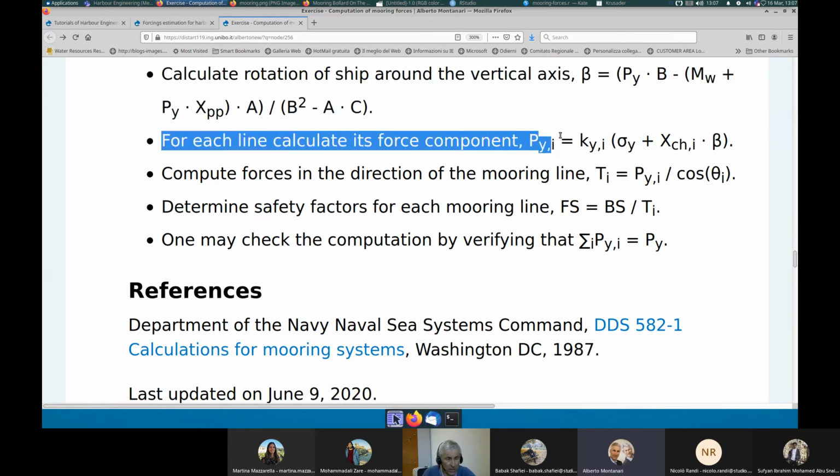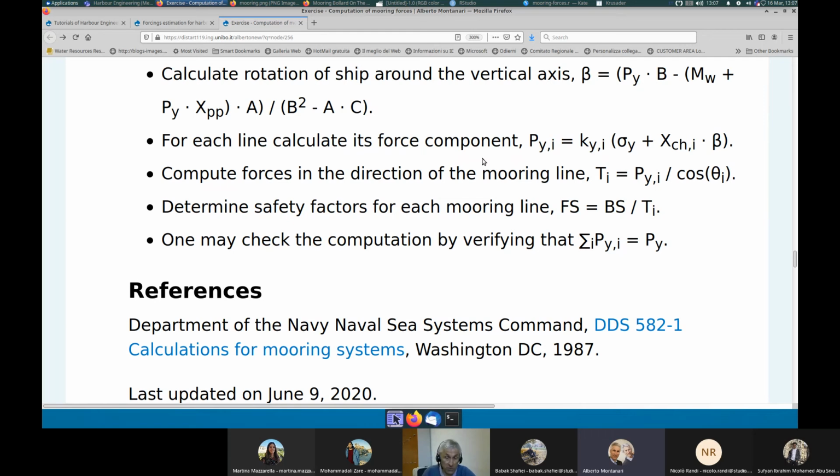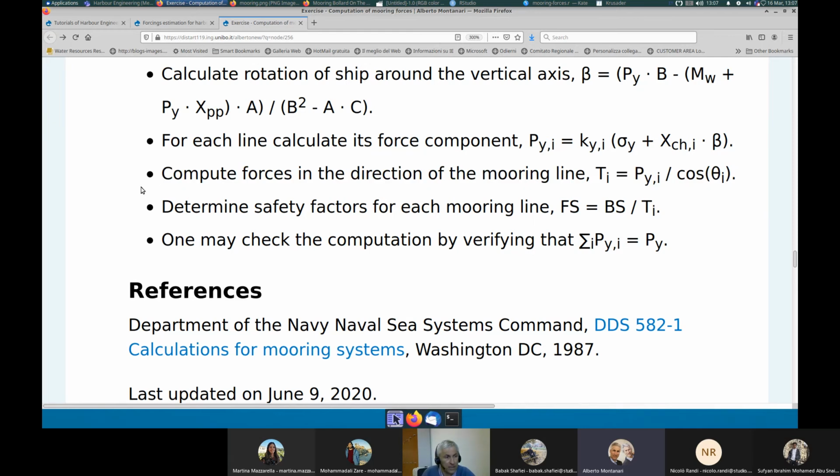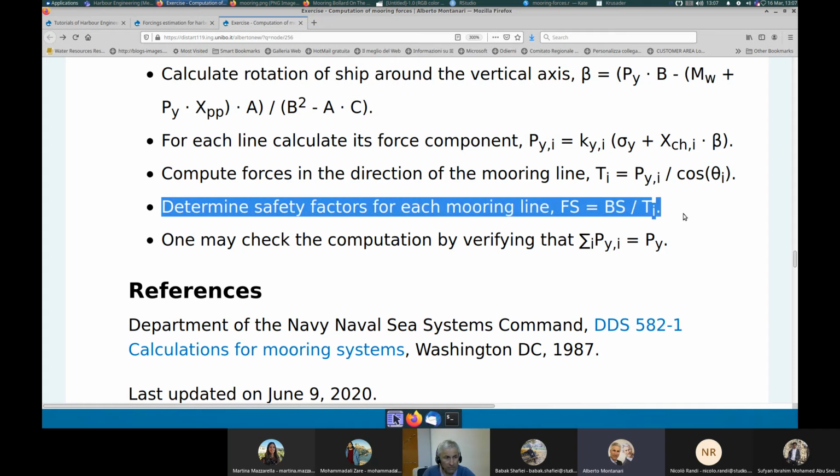For each line, calculate its force component. This is a relationship from structural mechanics. Computing forces in the direction of the mooring line. Good. Determine safety factors for each mooring line.